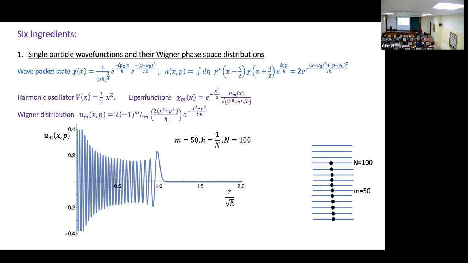So I have now plotted the Wigner phase-space distribution corresponding to the 50th eigenfunction in a 100 particle problem. I have already done some scaling of h equal to 1 over n, but you don't have to do that anyway. So this is how it looks.